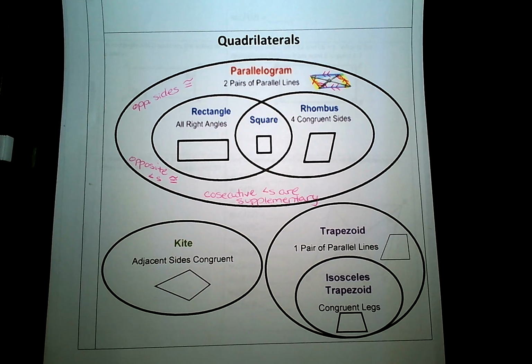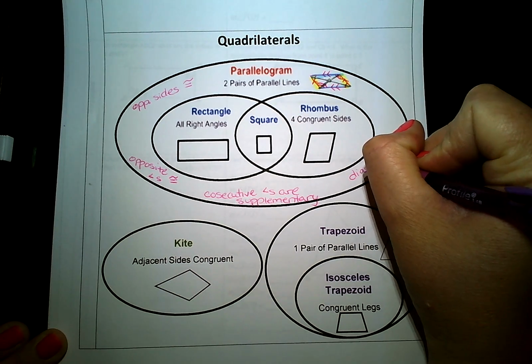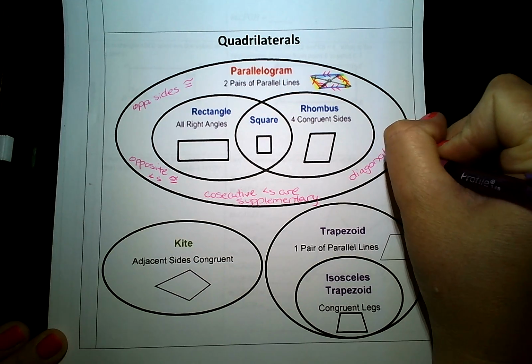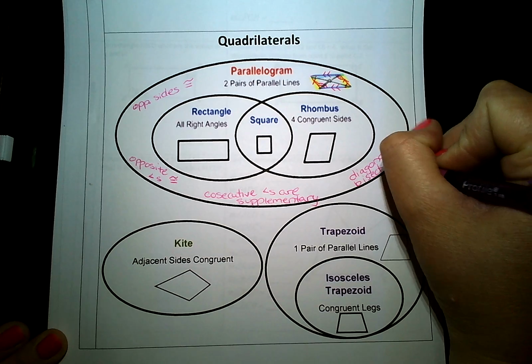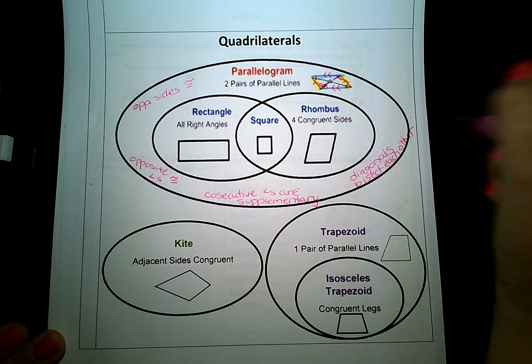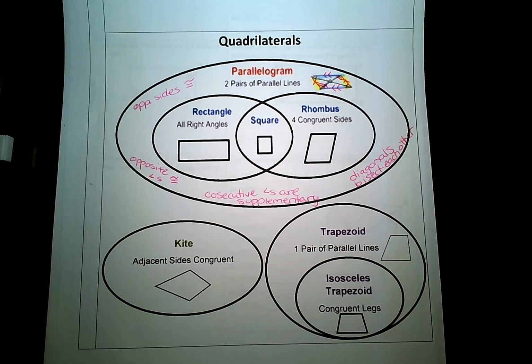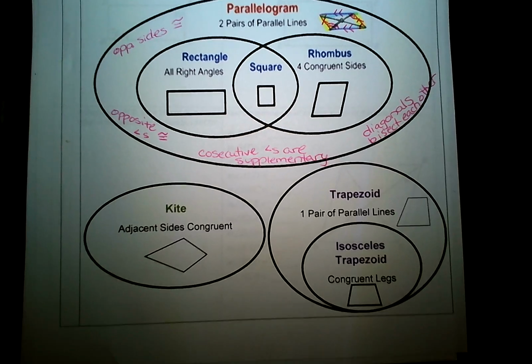That is a midpoint. So I can say that the diagonals bisect each other. They create a midpoint. So now I have several features of a parallelogram that we've written out.